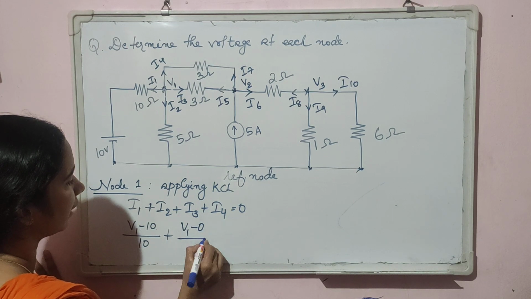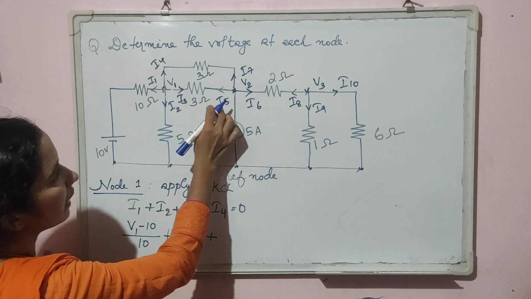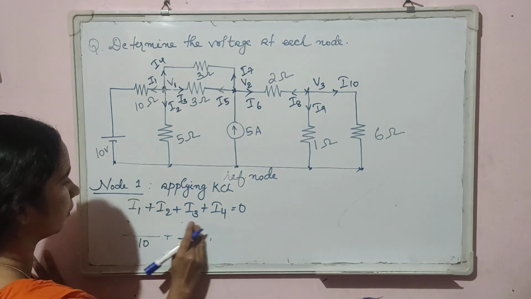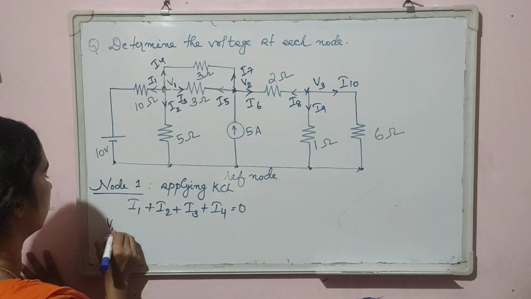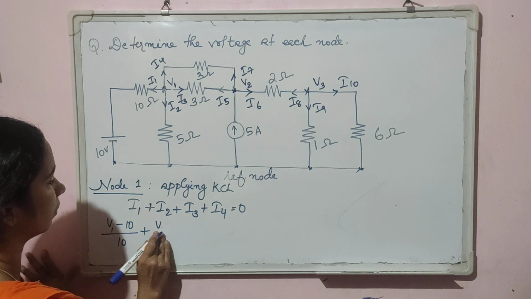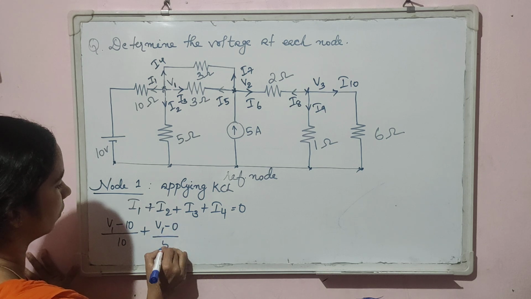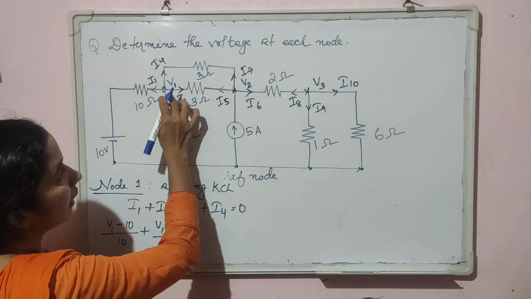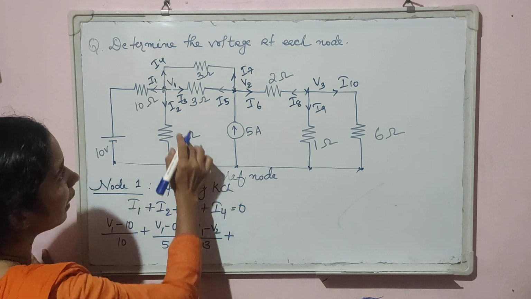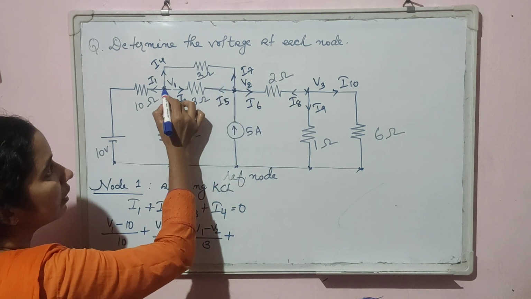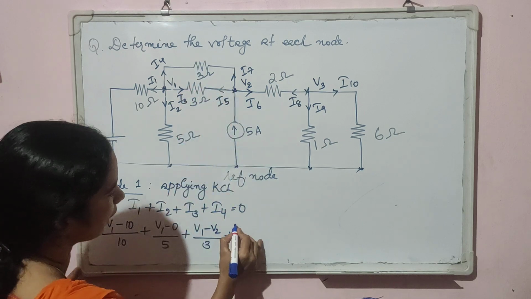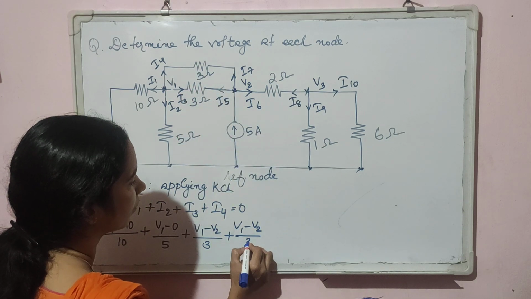Plus I3, which is V1 minus V2 divided by 3, plus the current I4, which is the current through this branch, again between node 1 and node 2, that is V1 minus V2 divided by 3, is equal to 0.